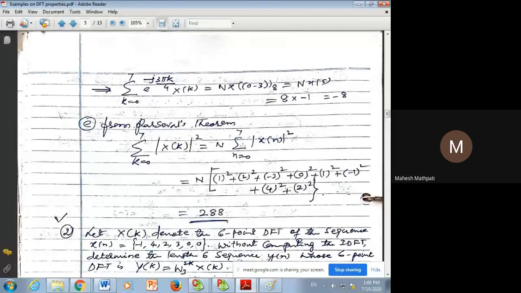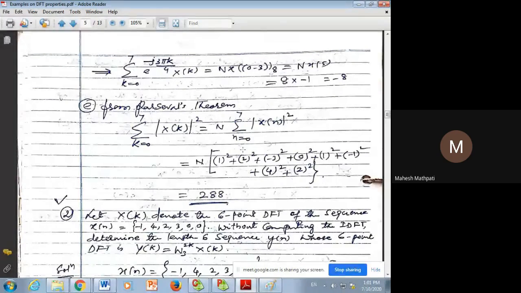Without computing the IDFT, determine the length 6 sequence y of n whose 6-point DFT is Y of k equals W3 to the power 2k into X of k.